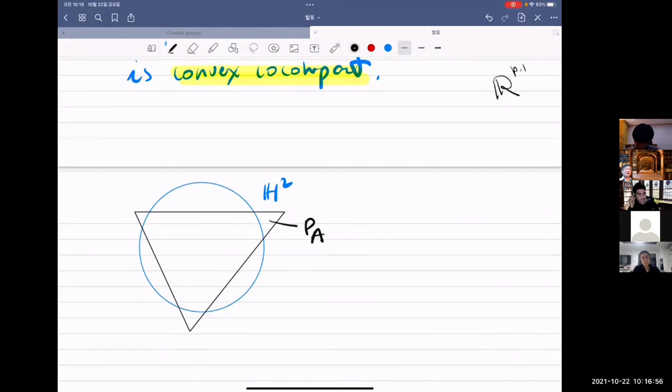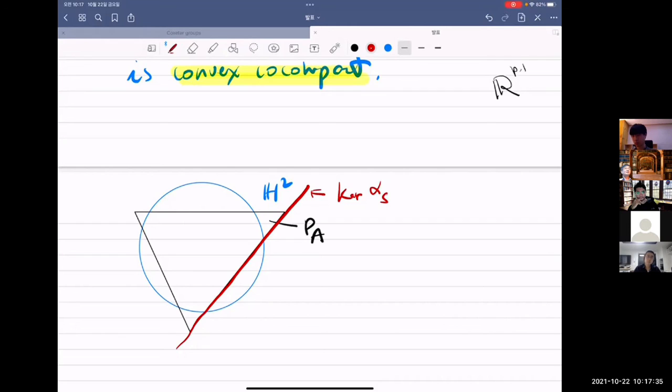To get this convex co-compactness, what we wanted to do, so every face, in this case H, maybe I write here, this one will be related to the corner of alpha S, right?